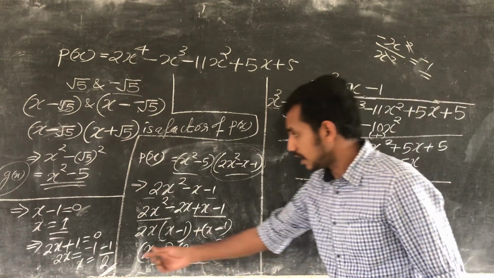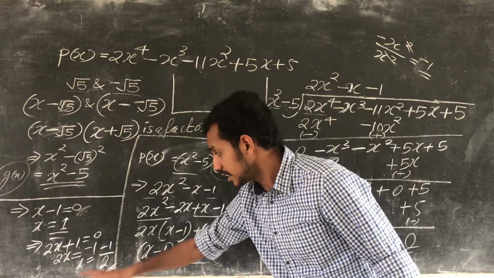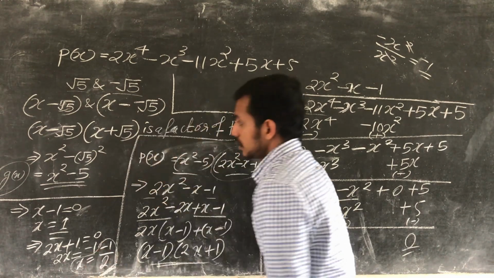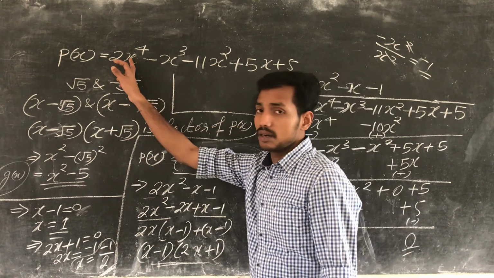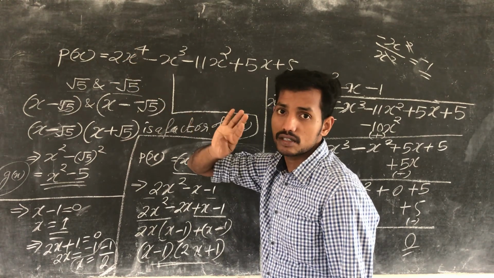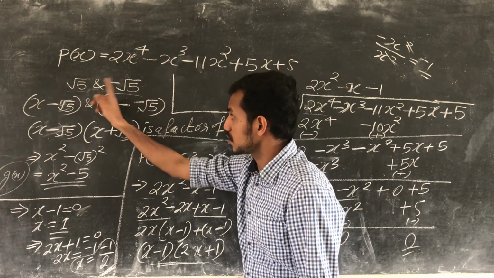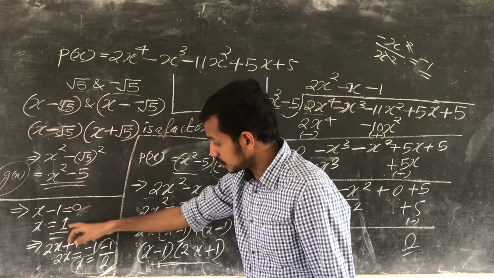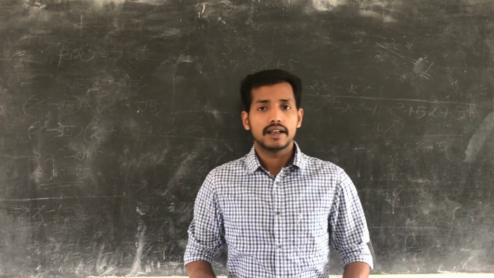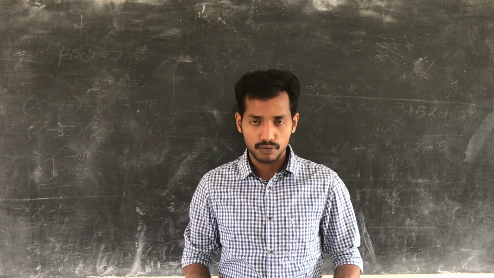So these are the other two zeros, x equal to 1 and x equal to minus 1 by 2. This is a polynomial with degree 4, so there will be at most 4 zeros. These are the 2 zeros given in the question, and these are the 2 zeros obtained by solving the question.